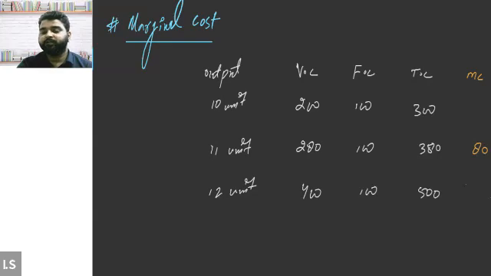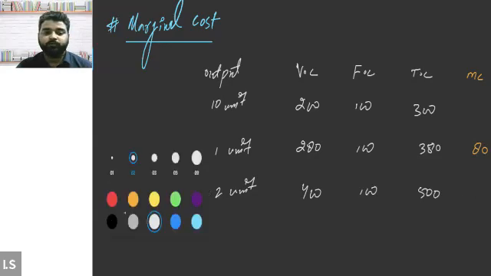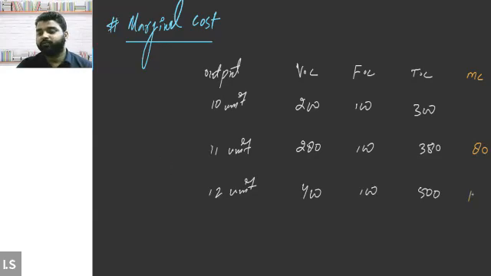Whatever the change taking place in total cost is our marginal cost, right? Earlier 380 was the total cost, now 500 is the total cost. So I guess 120 is the change that is taking place in total cost. So 120 will be our marginal cost. Is that right, Alexander? You are able to understand this? Yes, sir, clear.